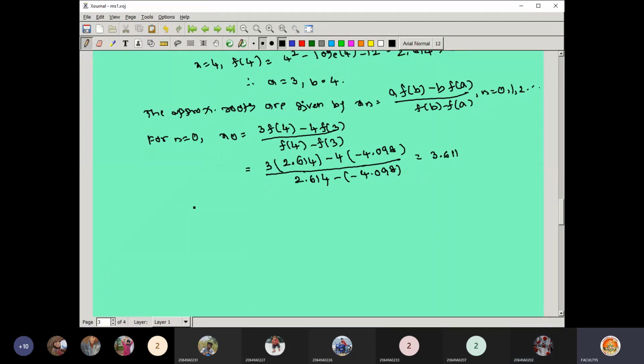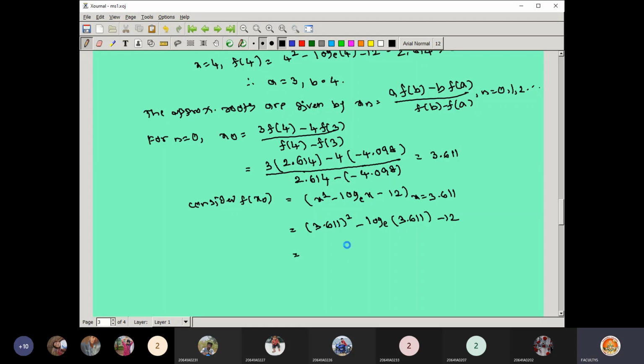So consider you are substituting into the function f of x naught. The function given to us is x square minus log x minus 12. There you are substituting x equal to 3.611. So it becomes 3.611 whole square minus logarithm of 3.611 minus 12.